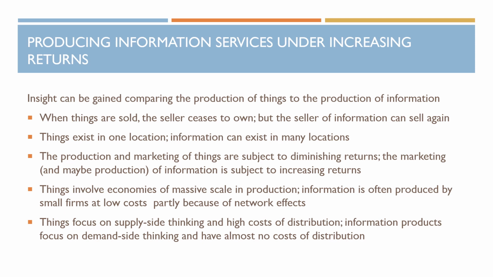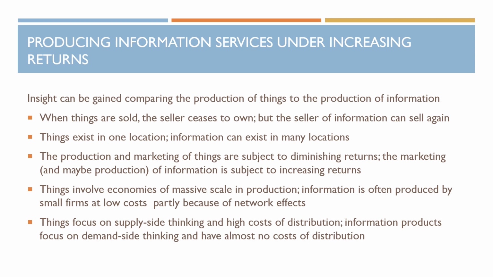Production and marketing of things are subject to diminishing returns. The marketing, and sometimes the production, of information is subject to increasing returns. So it's a very different way of thinking about the production of information, which usually involves very small amounts of fixed costs, and the incremental costs are very, very small, right? You're not going to recreate the information by putting out a lot of cost.